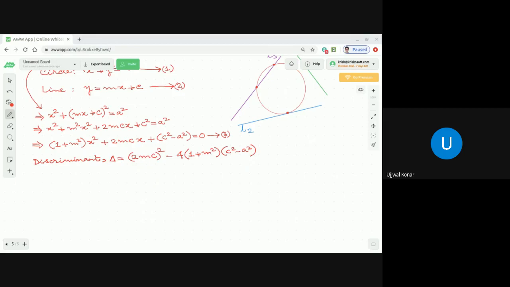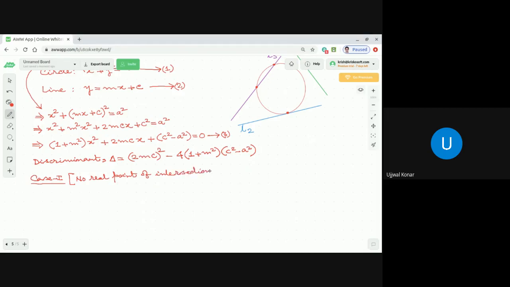Now, there are three cases. What is case 1? That there is no real point of intersection. So let me write it down here. Case 1 is no real point of intersection.